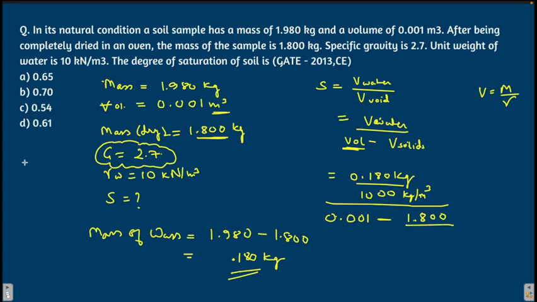Whenever you multiply the specific gravity with the density of water, you get the density of material, because the definition of the specific gravity is density of material by density of water.